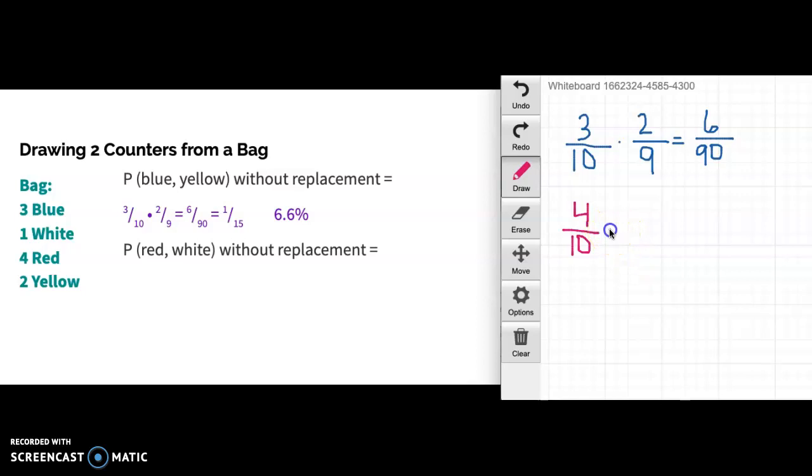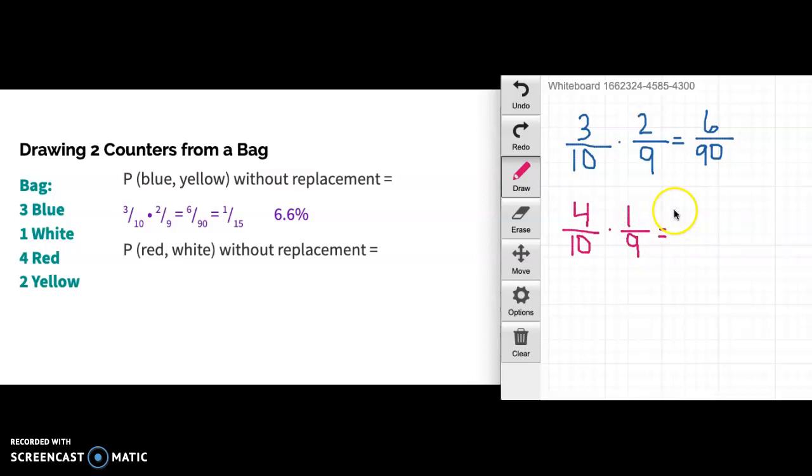Okay, then we're going to multiply that by the probability of event B, assuming we were successful on event A. Okay, so if we assume we were successful, that would mean that we did draw a red counter. We've taken that out of the bag and left it out. So now there are 9 counters left in the bag. Okay, but we took out a red one, so there would still be 1 white counter in the bag.